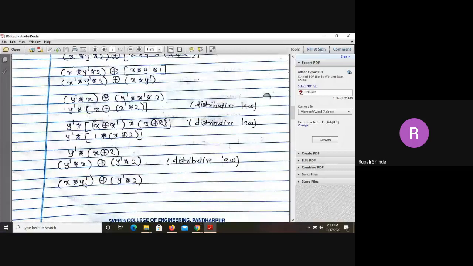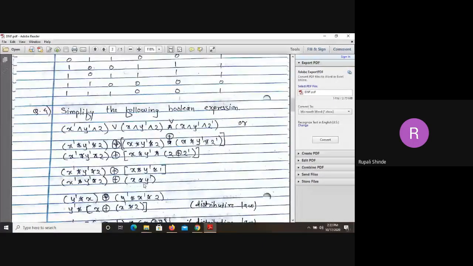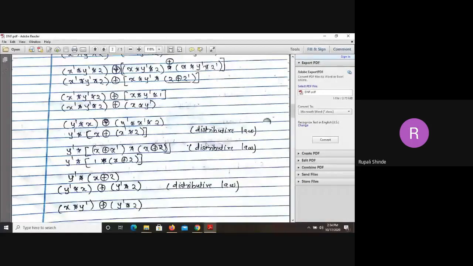So we can write this one as X star Y's complement XOR Y's complement star Z. So this is the simplified form of given Boolean expression.